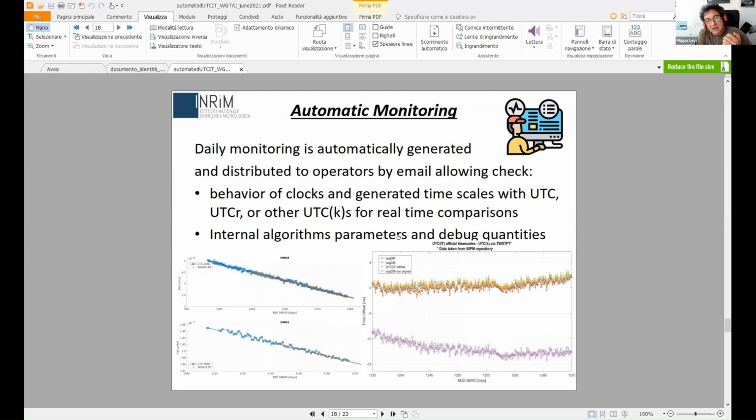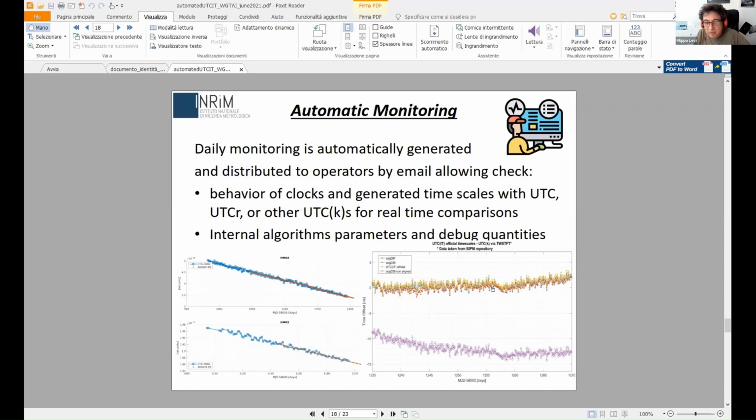And then we have a lot of automatic monitoring. We are monitoring a series of important parameters that are sent daily to the operators, to the people responsible for the generation of the time scale. For example, you can see here the frequency measurement of our hydrogen maser 4 and hydrogen maser 2 with respect to the fountain, or the comparison against other UTC in real time.